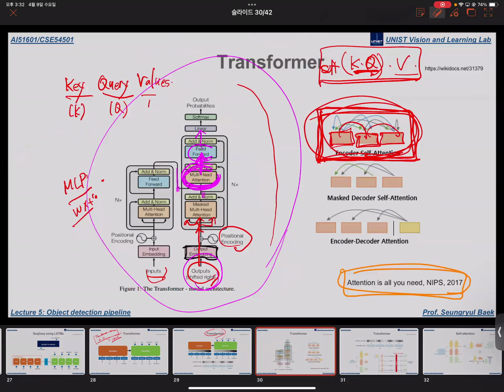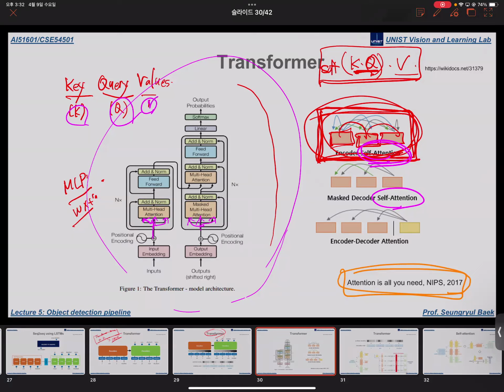Another important thing you have to understand is that these two attentions we call self-attention. This is called self-attention because all of the key, query, and values are coming from the same signal. As you see in these arrows, those three are coming from the same signal, so that's why we call it self-attention.